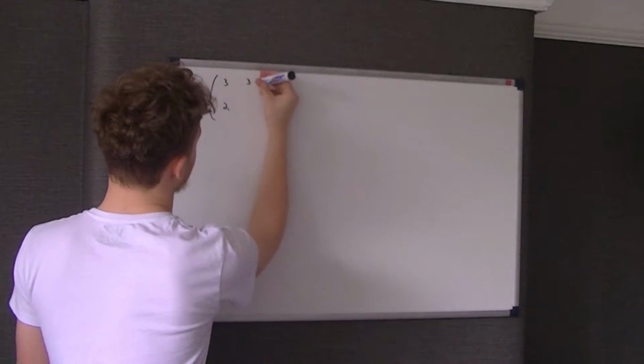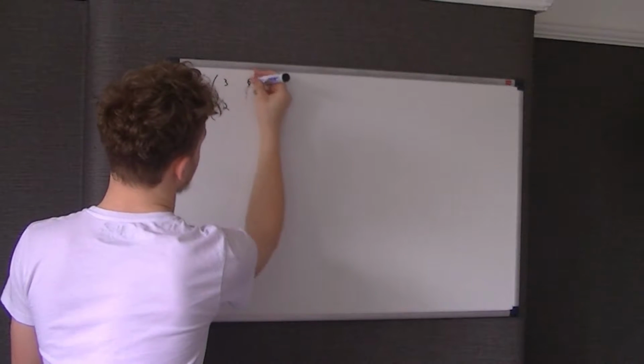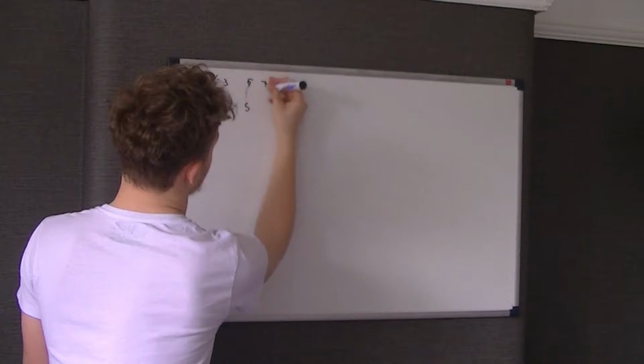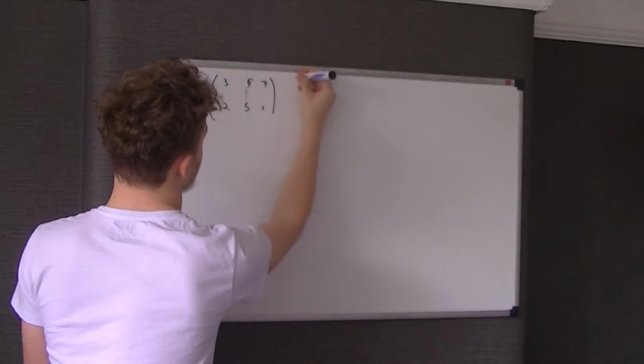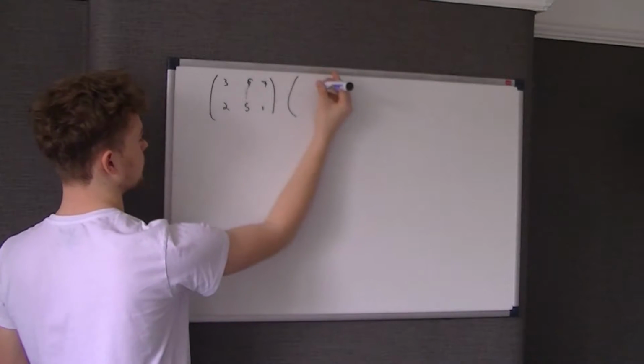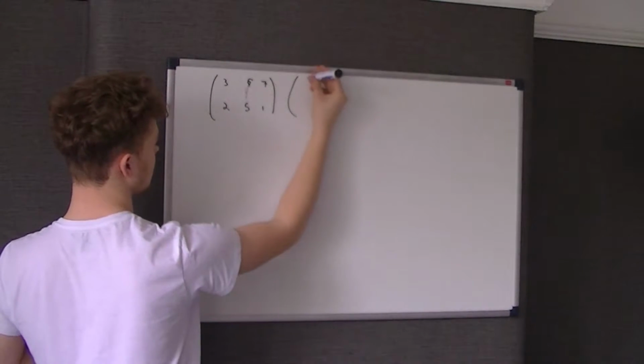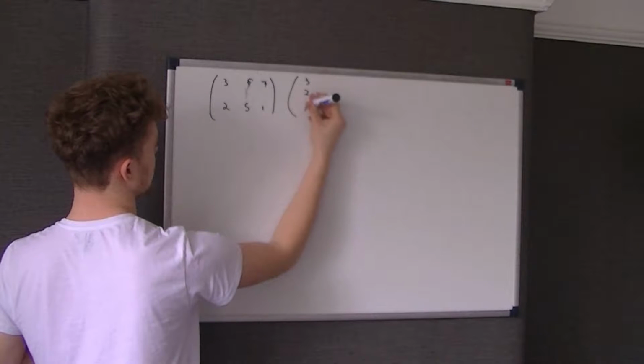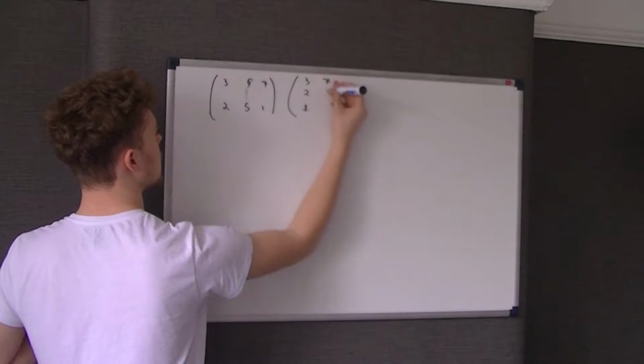So if it's 3, 2, 6, 5, 7, 1, you would have to multiply that by something that had at least 3 columns. So that could be 3, 2, 1 and 7, 2, 5.